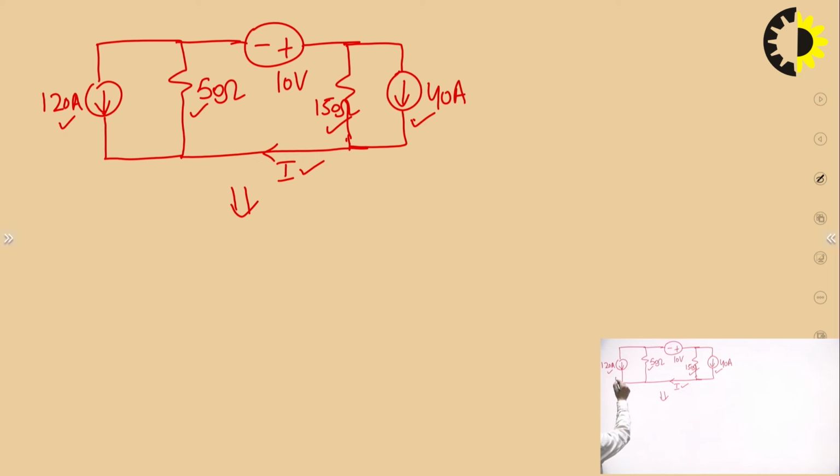First I am converting this 120 ampere current source in parallel with 50 ohm resistance. Suppose this is across terminals A and B. So, the voltage source voltage will become 120 into 50 with positive terminal downward, since the arrow of the current source is downward. That is why the positive terminal will be downward.